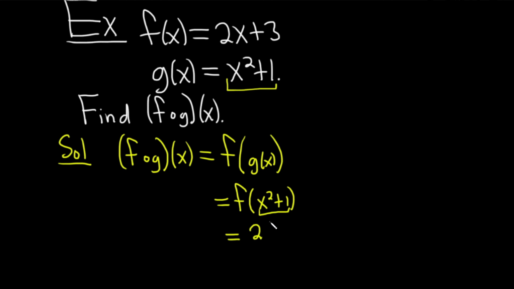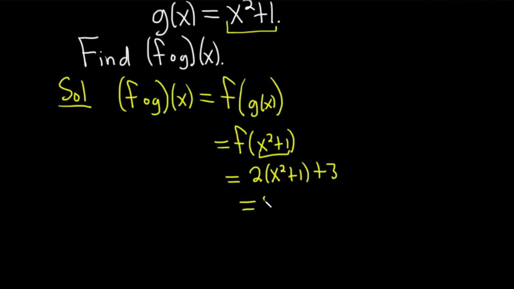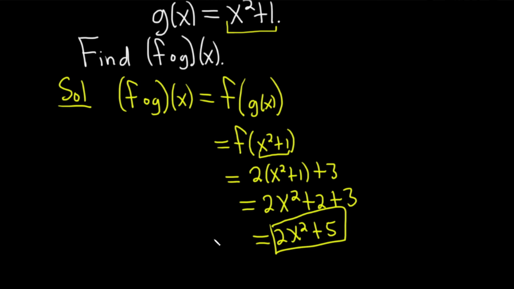We get 2 times the quantity x squared plus 1, plus 3. Distributing the 2, we get 2x squared plus 2 plus 3. It ends up being 2x squared plus 5. And that would be the answer, 2x squared plus 5.